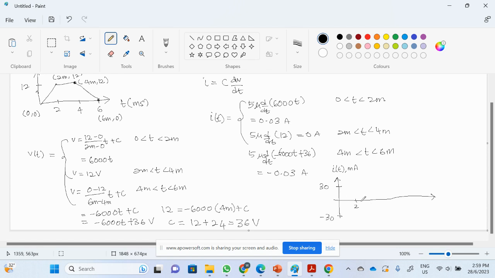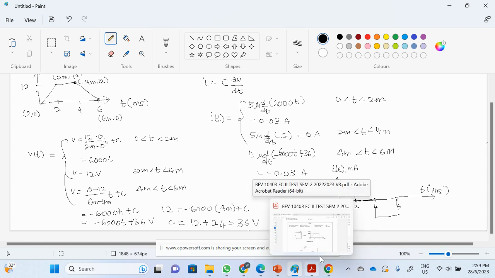Between 0 to 2, it's 30 milliampere. Between 2 to 4, it's 0. In between 4 to 6, it's negative 30 milliampere. This is your t in millisecond. So this is the answer for that first part of the question. Okay.